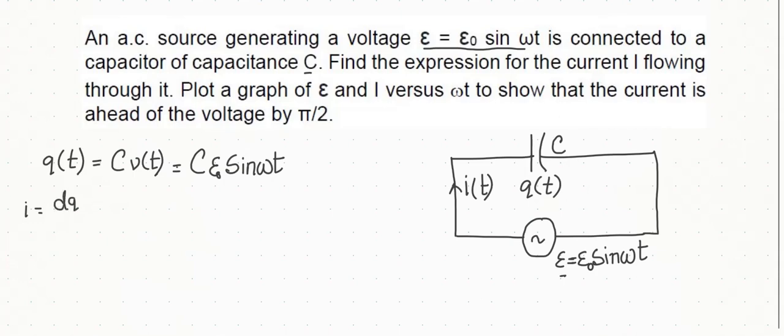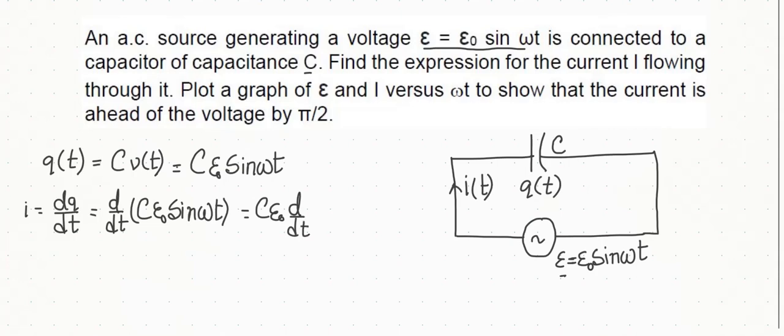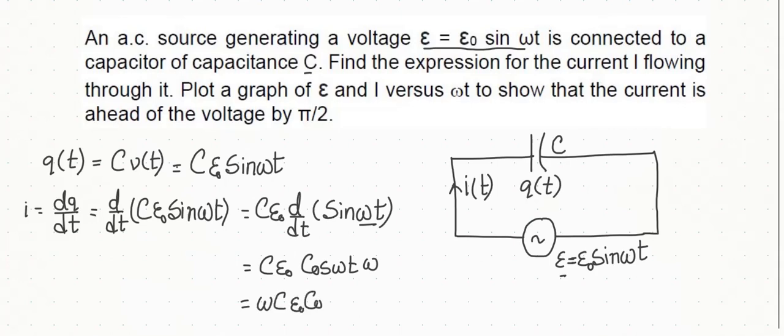So I equals dQ/dt, which is d/dt of C into E0 multiplied by sine omega t. C and E0 are constants, so we differentiate sine omega t: sine becomes cos omega t, and the differentiation of omega t gives omega. So this becomes omega C E0 cos omega t.